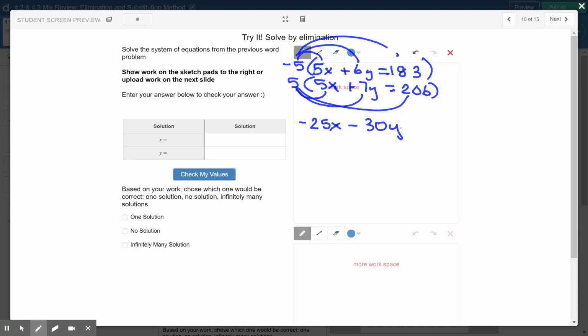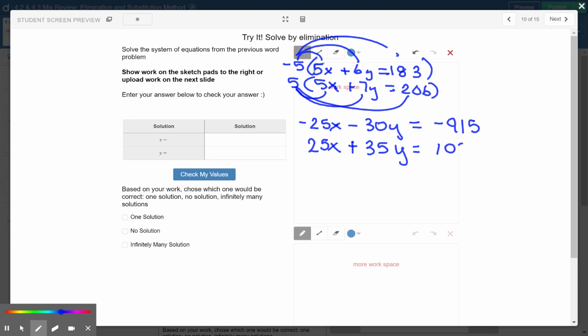Negative 5 times 183 gets you negative 915. Then we have 25x plus 35y. And then 5 times 206 gets you 1,030. So when you're dealing with these big numbers, make sure that you're writing them clearly and neatly, and you're not mistaken any of the digits.